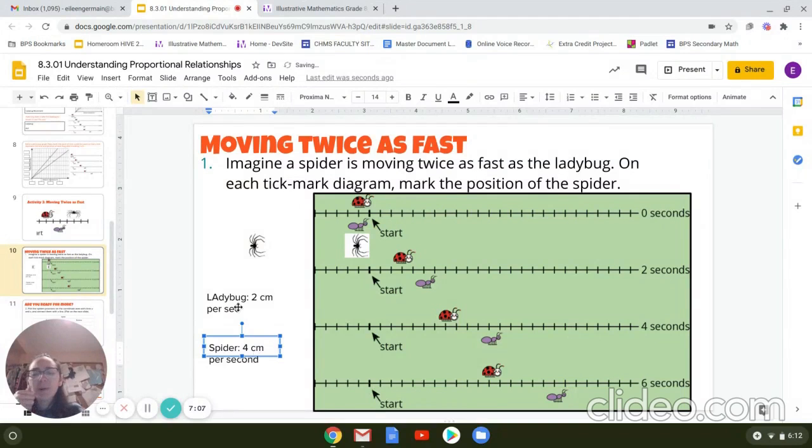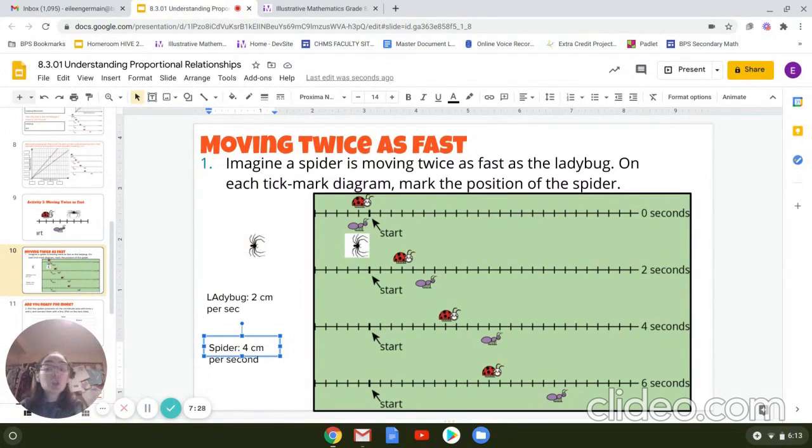Ooh, but second, S-E-C-O-N-D, right? But I'm looking at these tick diagrams. These go 2 seconds. So if I know I go 4 centimeters per second, but I need to figure out how far I go in 2 seconds, I would have to multiply that distance of 4 by 2.